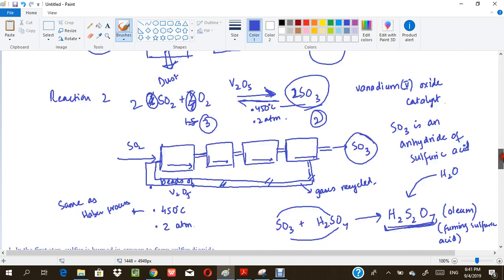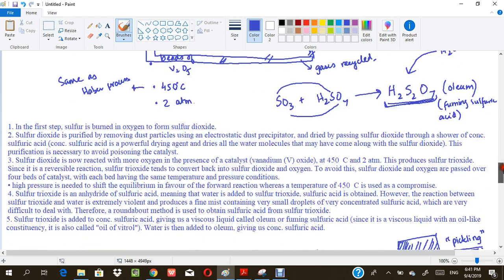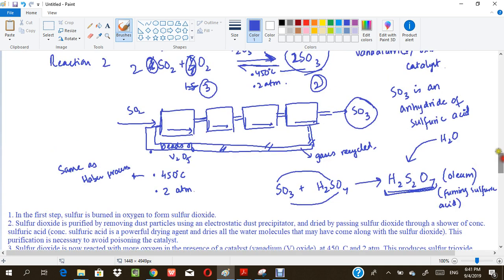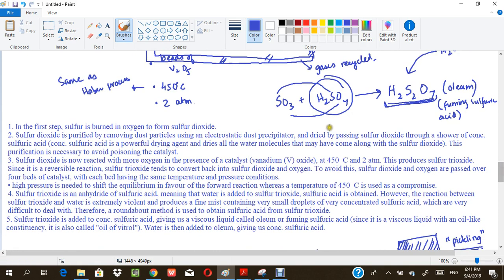Number one, when it was used as a drying agent in the second step, and number two, when it was used to form oleum. So this is the only reaction where the final product is used not once but twice to give us the final product itself.